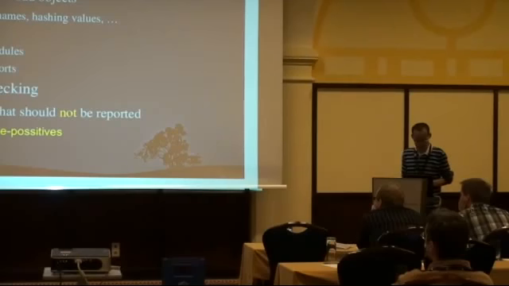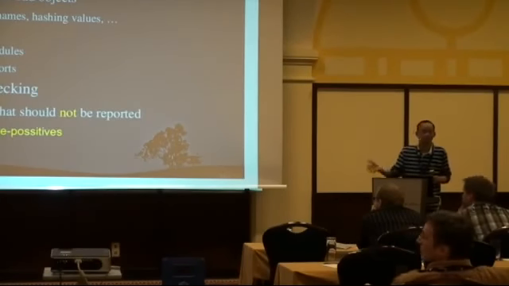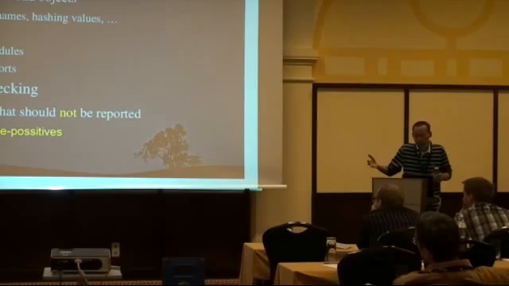Okay, the next method, blacklist and whitelist checking. Well, the idea is very simple. Blacklist detection is that if you see something in the blacklist, you can immediately report. That will be something bad.